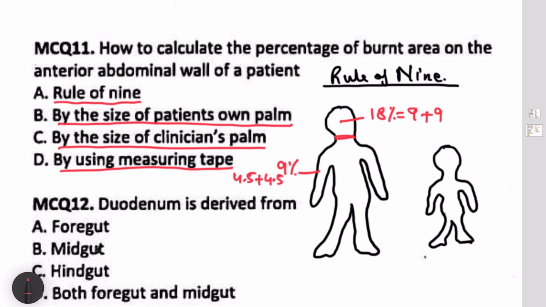Right? So this is about the arms, front and back. Not the arms, the complete upper limb. Then about the trunk.